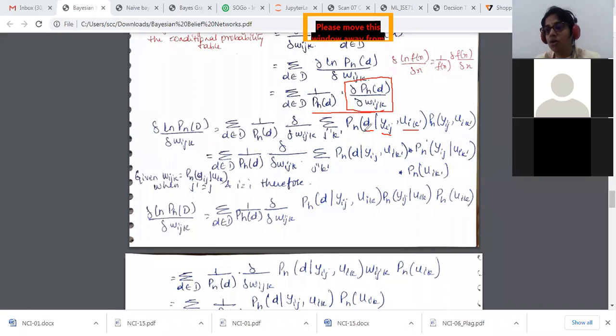Now I'm applying the partial derivative onto that. So the logarithmic of this is going to be 1 by p of h of d, which remains the same. When I'm applying for this, it's going to be p of h of d, with respect to the variable that I'm going to consider along with its parent nodes, and p of h of this and this, the probability.